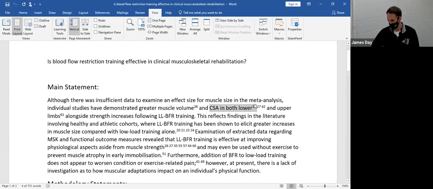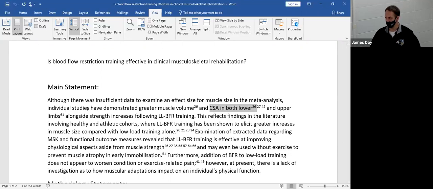CSA in both lower, 3 studies, and upper limbs. In order to make this one sentence, I have 1, 2, 3, 4, 5 articles in this one sentence, and I combine them to make this one sentence that states what I want to say.